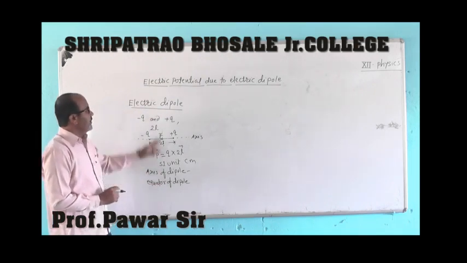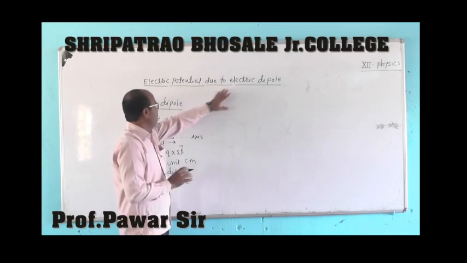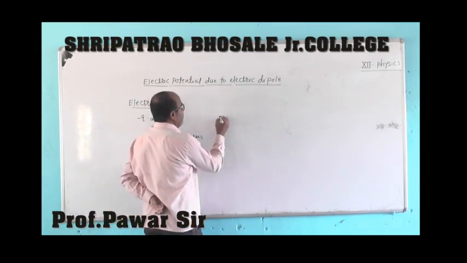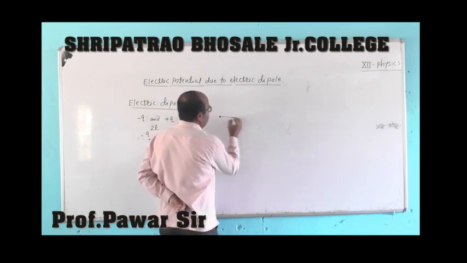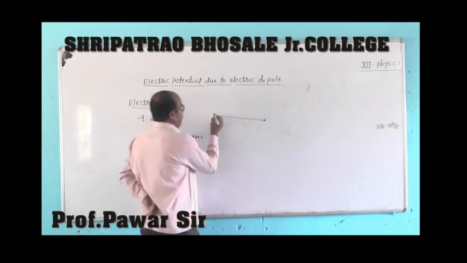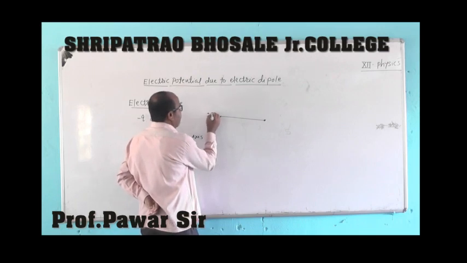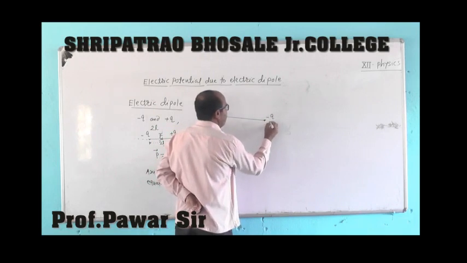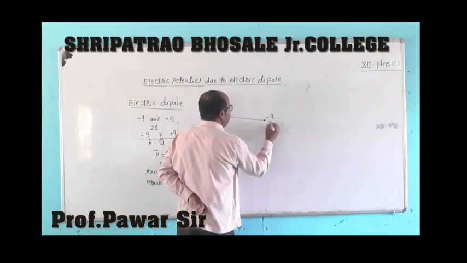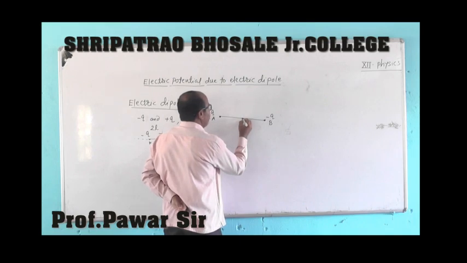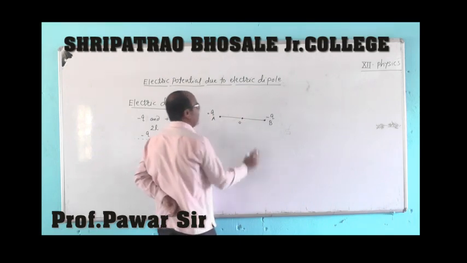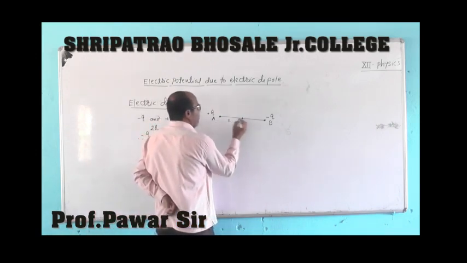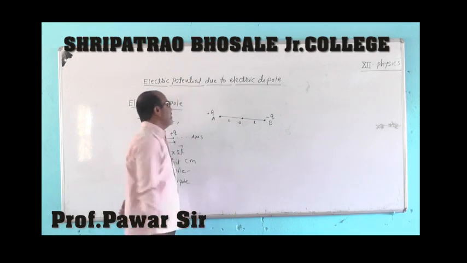Now we have to study electric potential at a point due to this dipole. For this, we consider an electric dipole having charge plus q at point A and charge minus q at point B, having center O. 2l is the separation between the two charges.